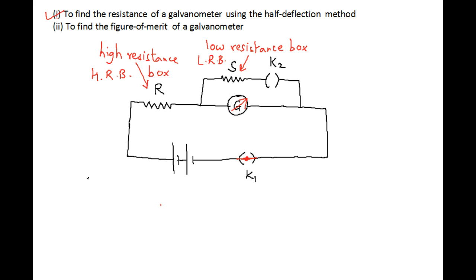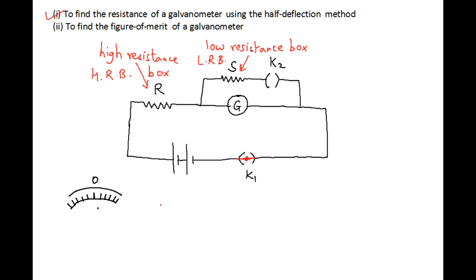Now you have to remember that this galvanometer is a very rudimentary galvanometer. You will have a scale, with 0 marked over here and divisions on either side, but there might not be any numbers written.